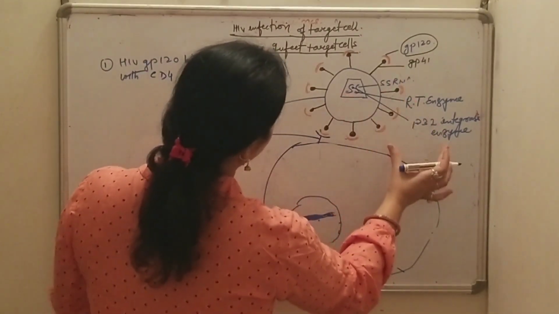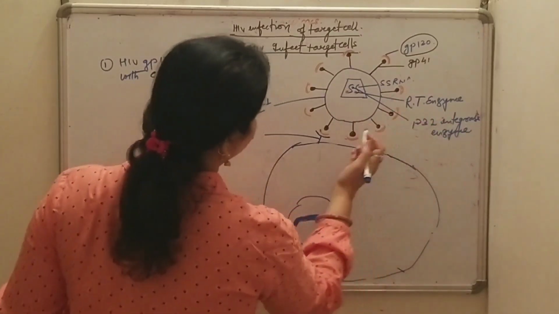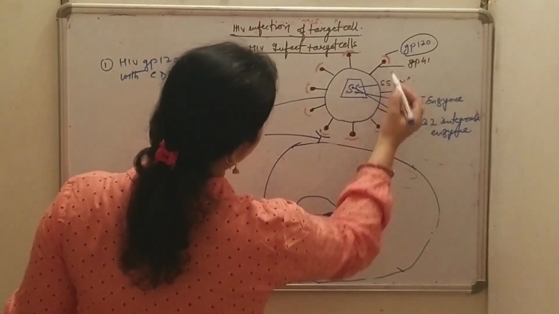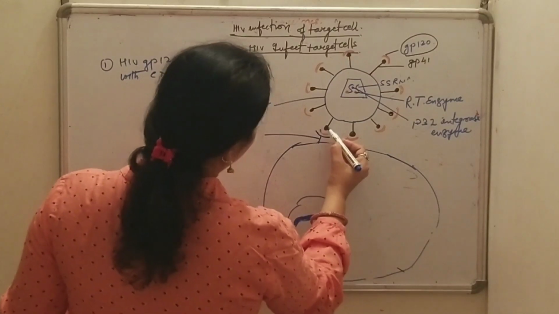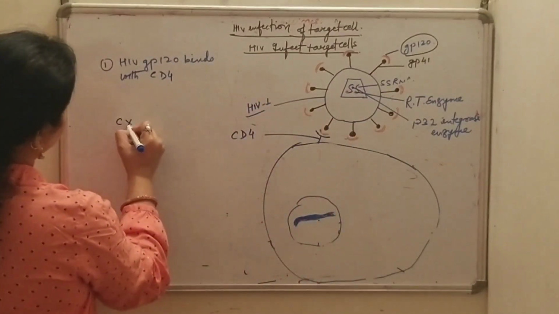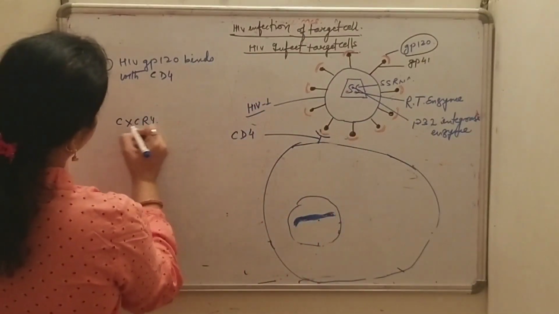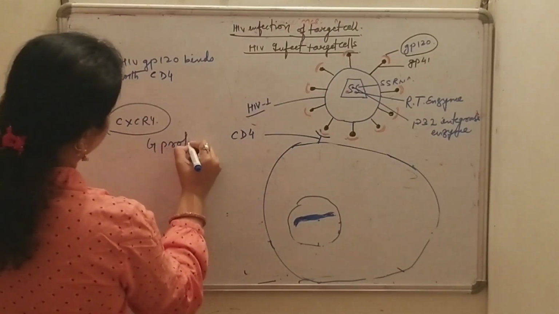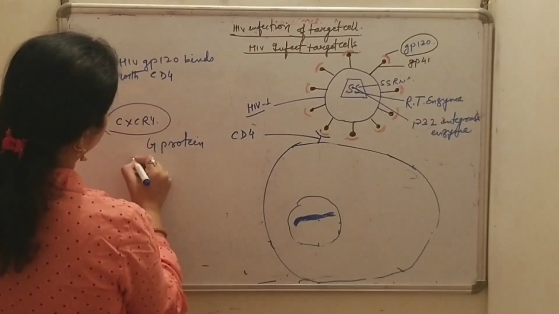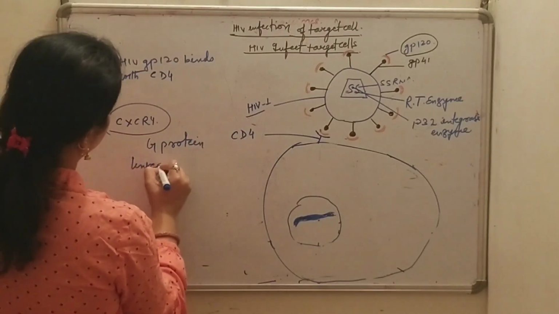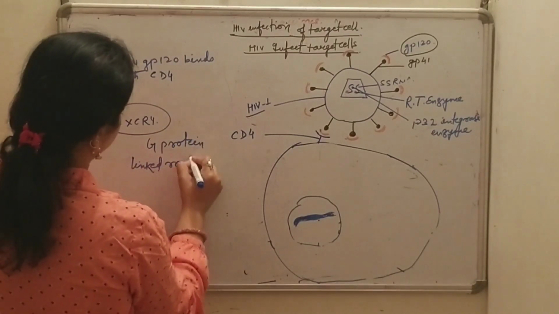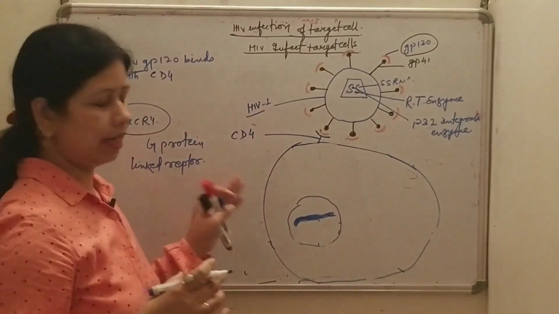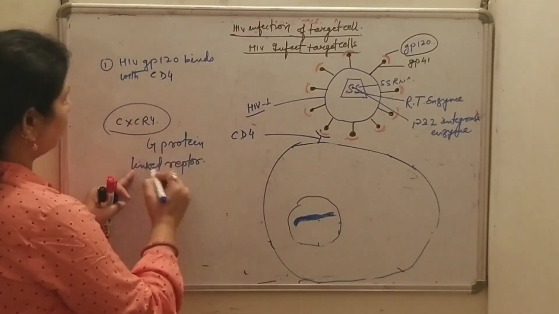Fusion is mediated by some fusogenic domain in GP41 and CXCR4, which is a G protein linked receptor. Where is this G protein linked receptor present?